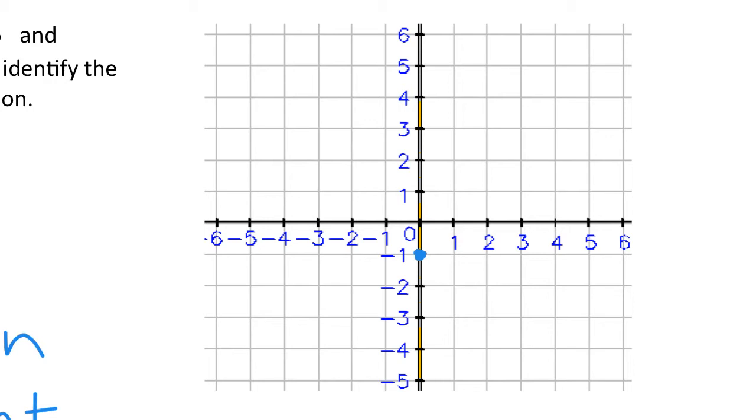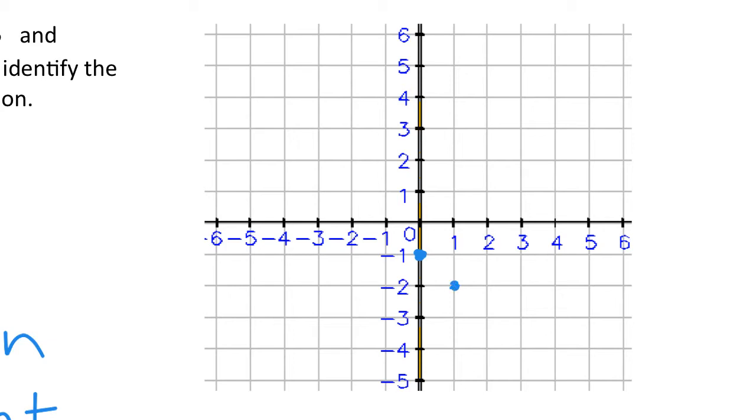Once you've placed your first point on your y-intercept, you can now use your slope directions in order to generate a few more points on the line. From my y-intercept, my slope tells me I need to move 1 unit down and 1 to the right. So I'm going to go 1 unit down and over 1 to the right. That takes me to a point of 1 and negative 2, and that's where I'm going to place my second point.